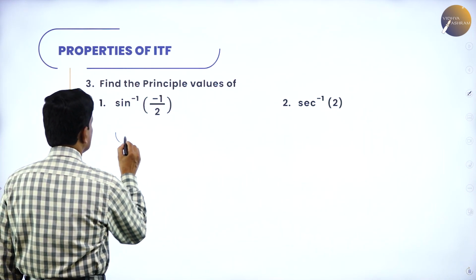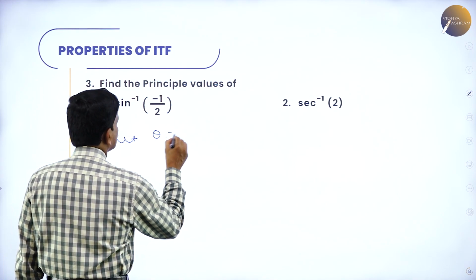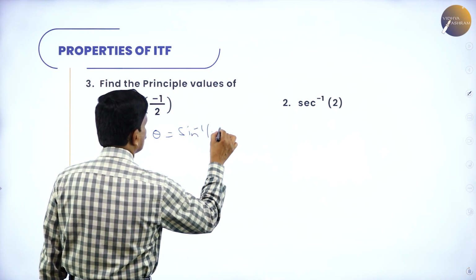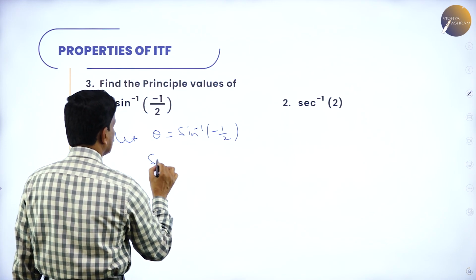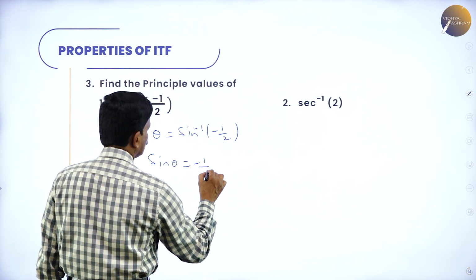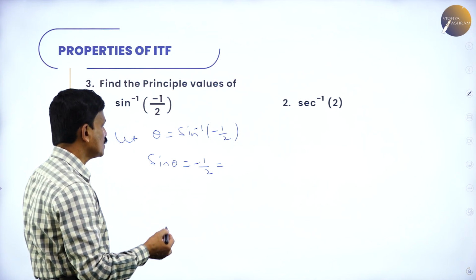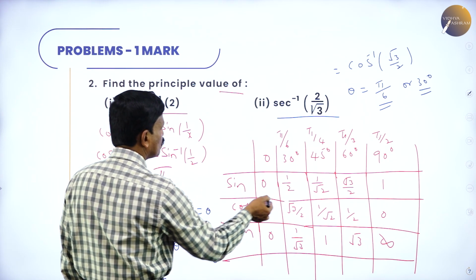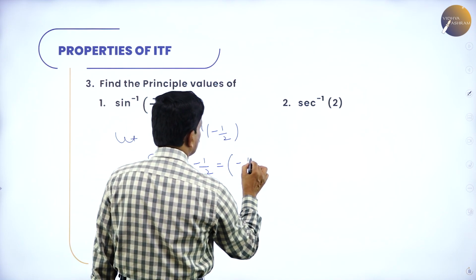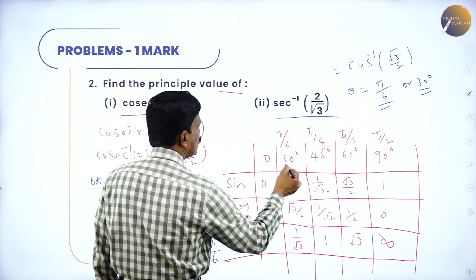Here also, let us consider theta is equal to sine inverse minus 1 by 2, then sine theta is equal to minus 1 by 2. So, the value of theta which satisfies sine theta is equal to 1 by 2 from the table is pi by 6.